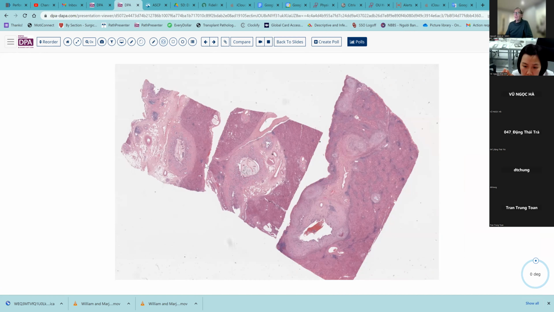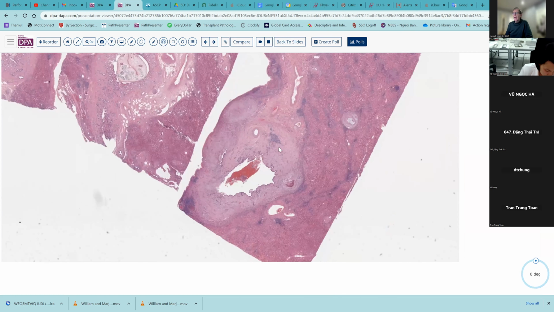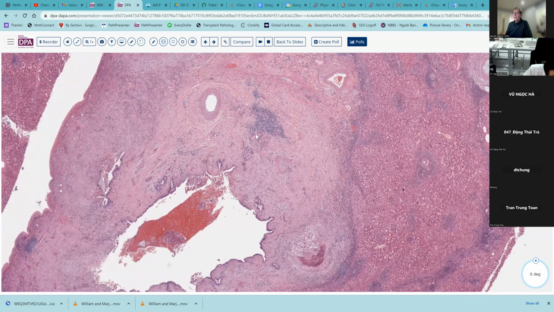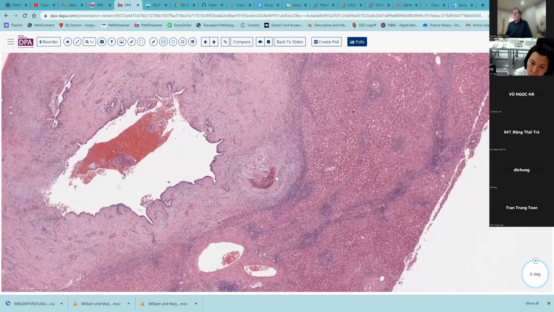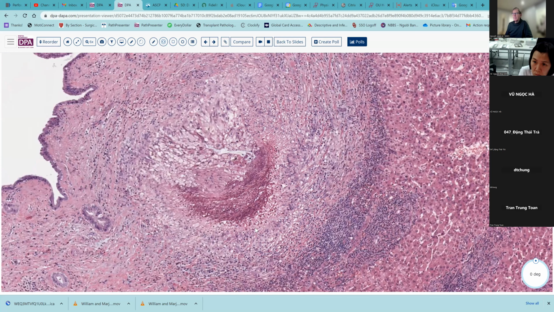So here's a bit of liver, and we can see here we have a bile duct that's somewhat inflamed and thickened. You see there's a bit of fibrosis around there. Here we see so-called flame structure, where we have a granulomatous appearing lesion with some palisaded histiocytes, some inflammatory cells like this.